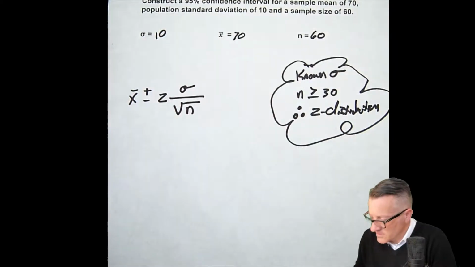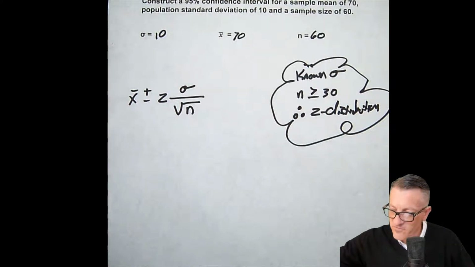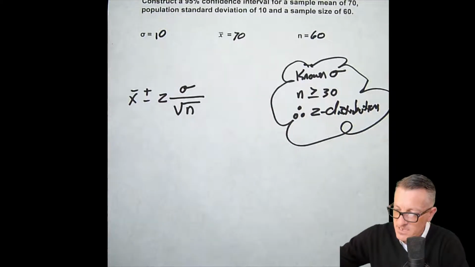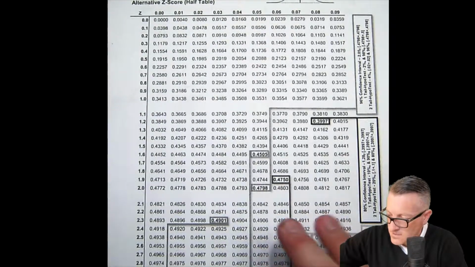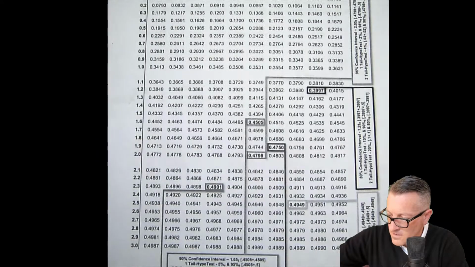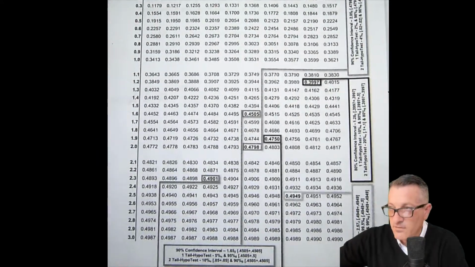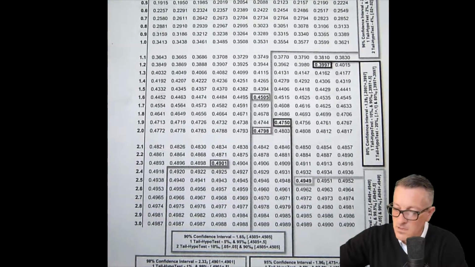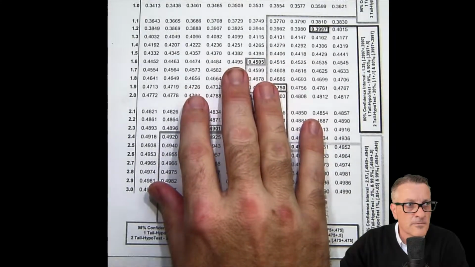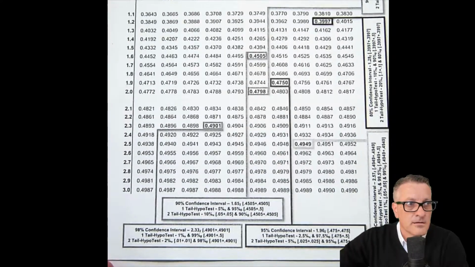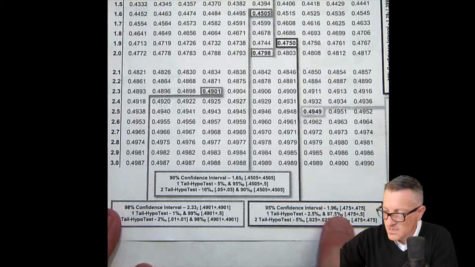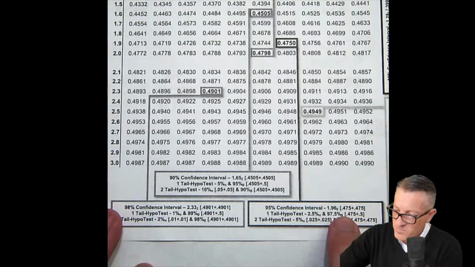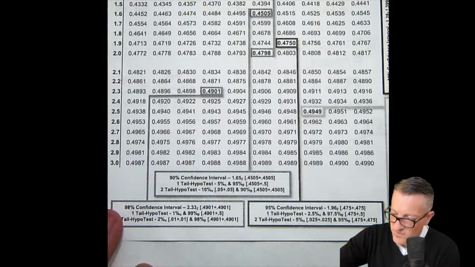Let's go and look up our Z. Our Z value we're going to get from the Z table, and we're looking for the 95% confidence level in this case. I have an annotated alternative Z table, and what I have written down here, you'll see it says 95% confidence interval 1.96 Z, and then it has 0.475 plus 0.475, which explains how we get the area under the curve.